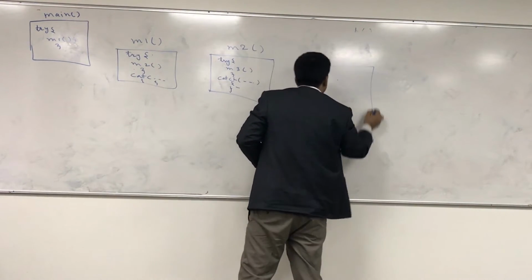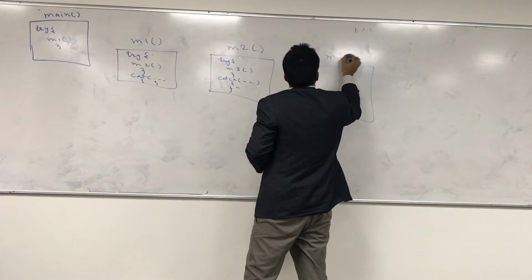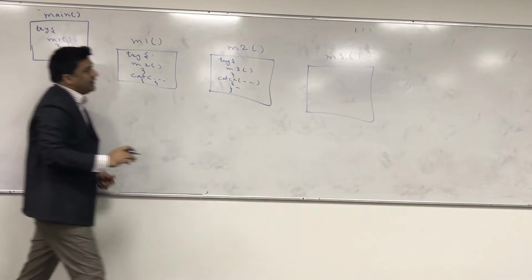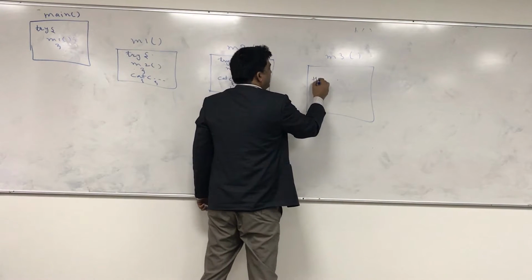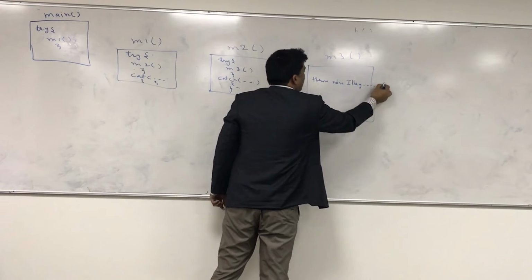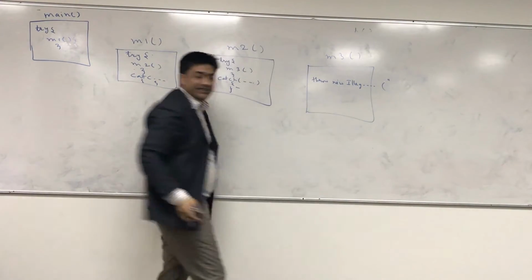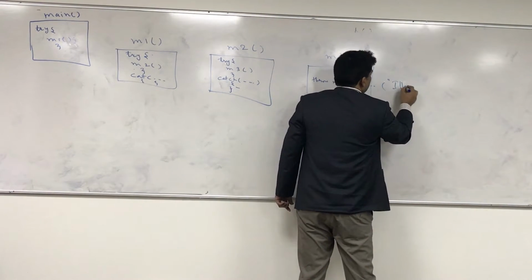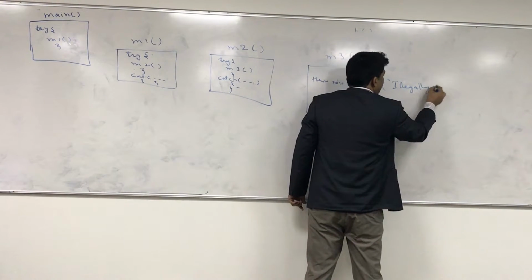Lastly, this is M3. Inside M3 you are saying throw new IllegalArgumentException, and then you have a message here. The message says "illegal wrong", something like this.